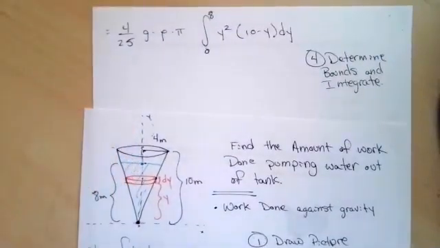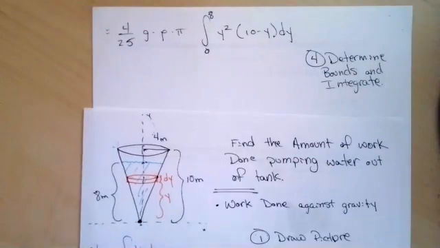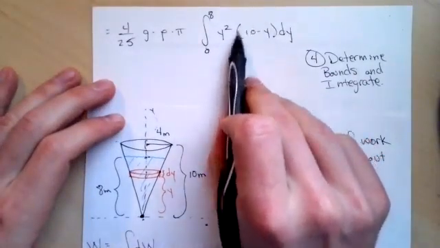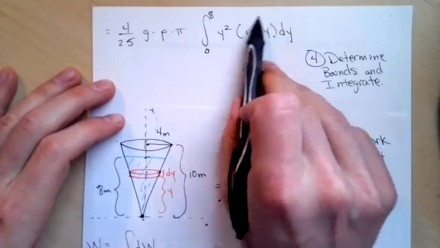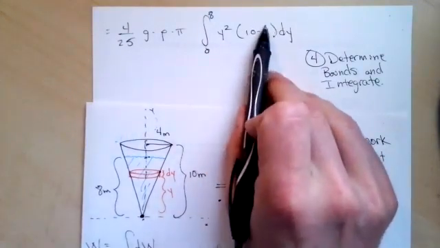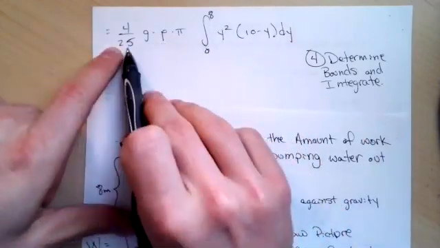Another thing you can think about is, how have we encoded each piece of information in this problem? Does my integral contain each piece of information? The height of the tank and the depth of the water is encoded here, right? That 10 is the height of the tank. The cylindrical shape was encoded by the pi r squared.